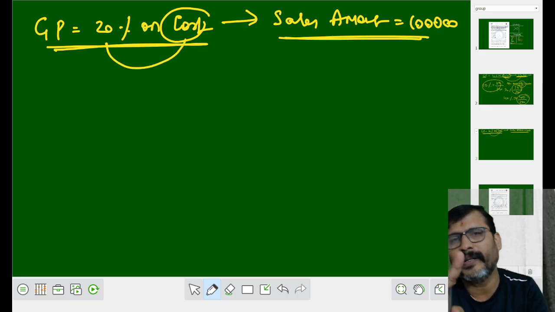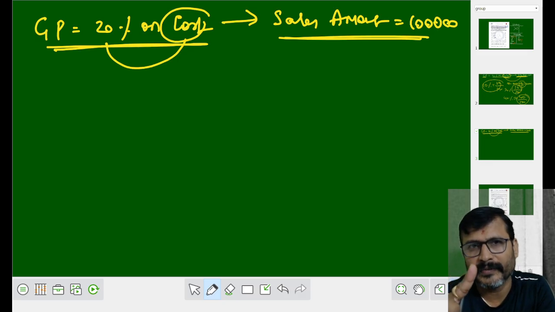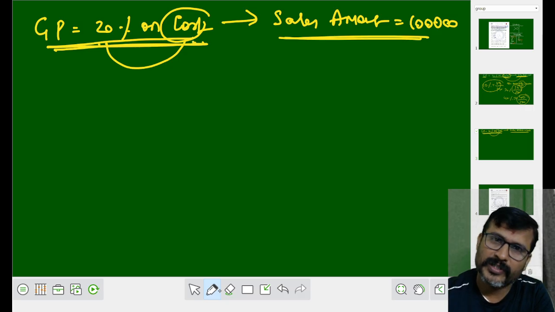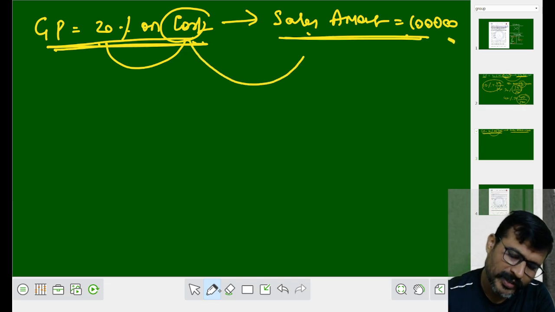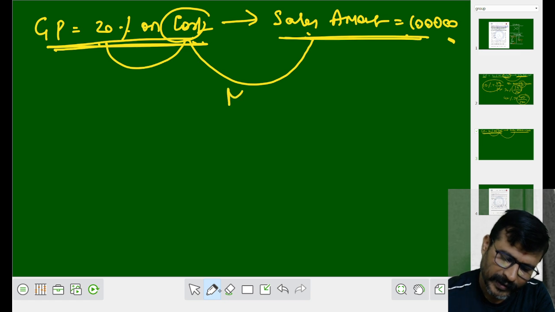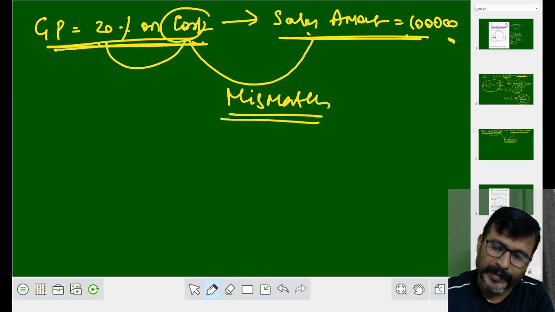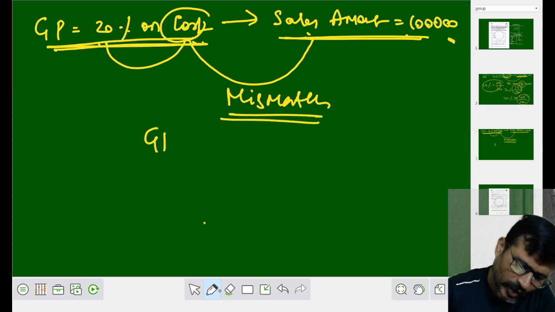Please make a note of it in your keynote. Gross profit is 20% on cost. You know the sales amount 1 lakh. What happened? Profit is given on cost, but you know the sales amount. This is called mismatch.